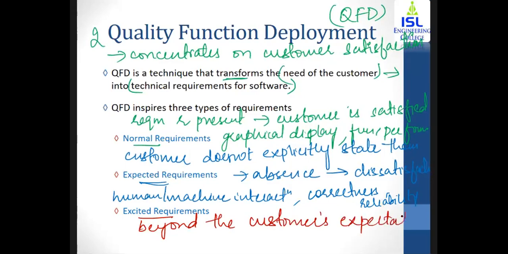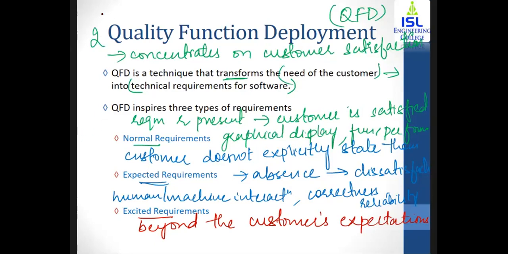That is, you are giving some additional features within the software that neither the customer has told you nor the developer has promised to deliver, but the developer has embedded some extra requirements within the software. If you have some additional requirements within the software, the customer is going to be satisfied. These can be different extra features that you add within the software. So these are the three sets of requirements.